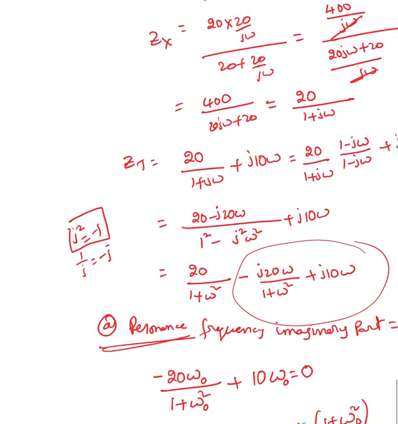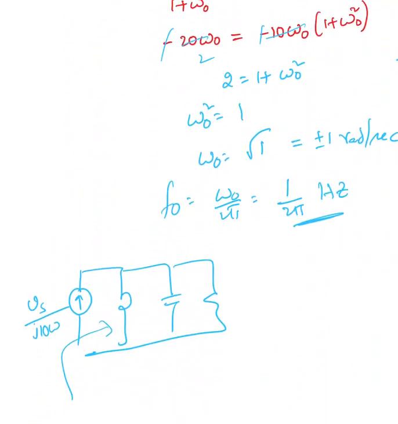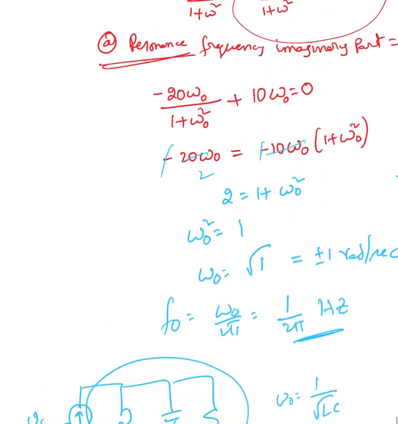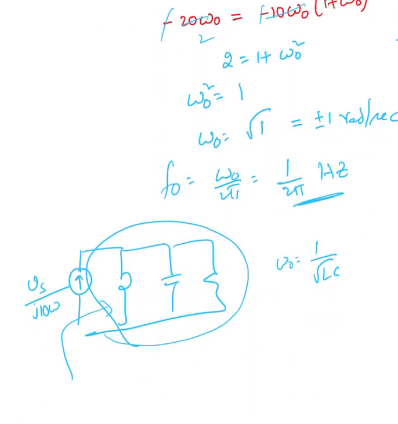Now what happened here is that once I remove the source, the circuit is a completely different circuit. The resonant frequency for a parallel circuit is omega naught equal to 1 over square root of LC. If you use this formula, you will find the resonant frequency, but that is for an RLC parallel circuit. So it's a completely different circuit.